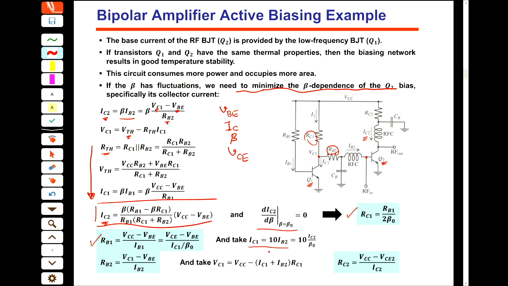So we assume this, and we find the RB2 and the RC2. So 4 design parameters that we need to find. Go through this. I think it should be fine, but now I don't know.